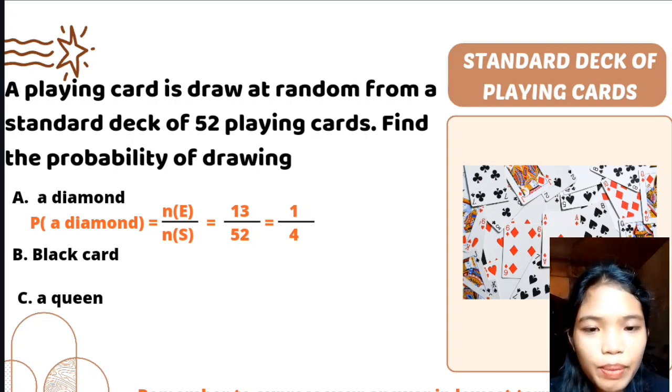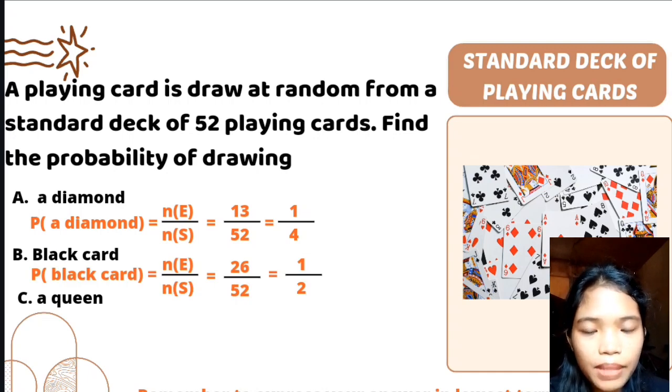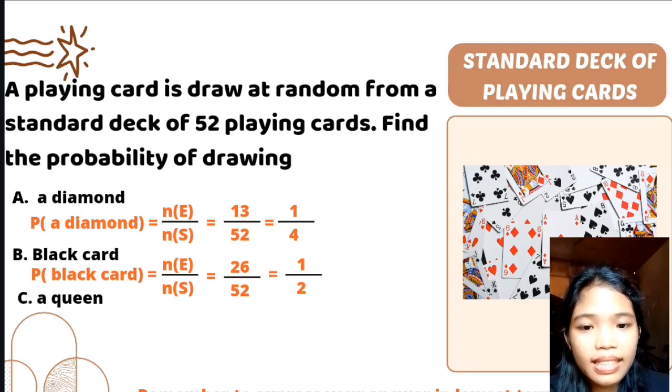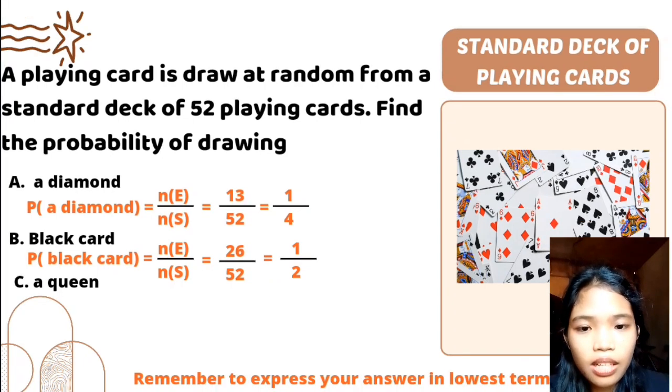Second, let's find the probability of drawing a black card. The suits of black cards in a deck are the clubs and spade. Each of them has 13 cards. So 13 plus 13 is equal to 26. 13 for the club and 13 for the spade. So the total is 26.